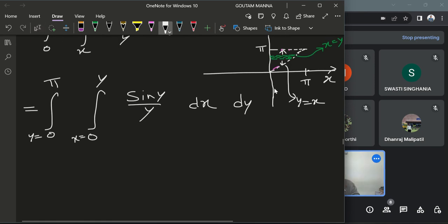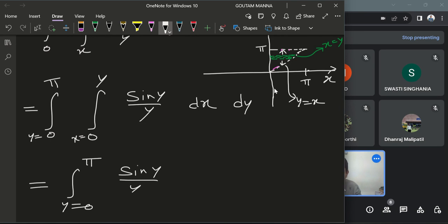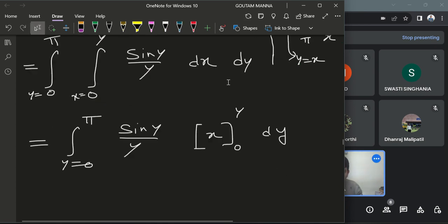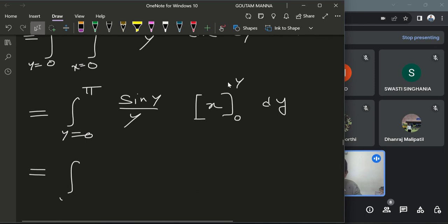Okay, now this integration is easy. As I'm doing the x integration first, I can put the sin y by y outside. If I do the x integration first, it will be x with limits from 0 to y, dy, for y equals to 0 to pi.